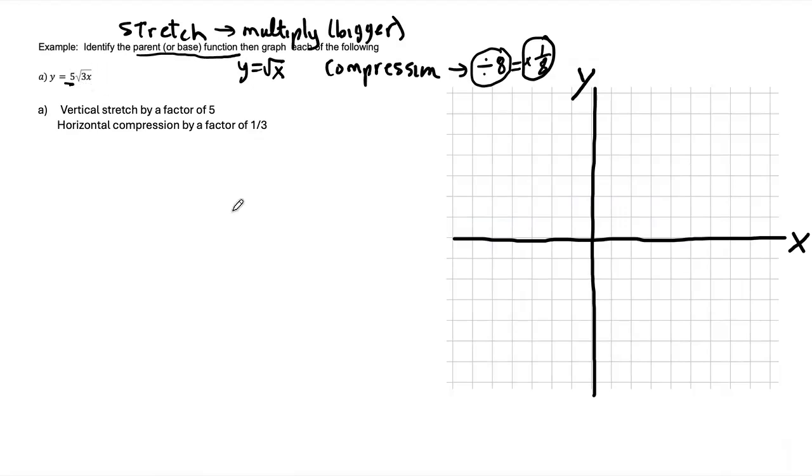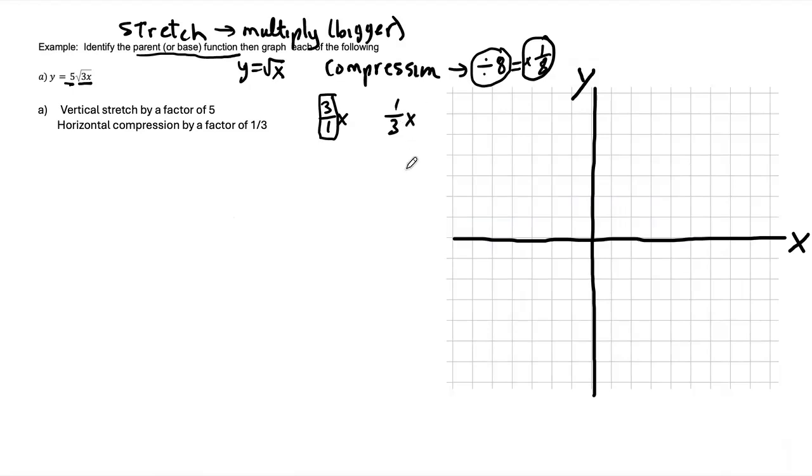But it's counterintuitive what we are doing horizontally. You see it says 3x, which is basically 3 over 1 times x. But when you do this as a transformation, you're going to flip this and think of it as 1 over 3x.